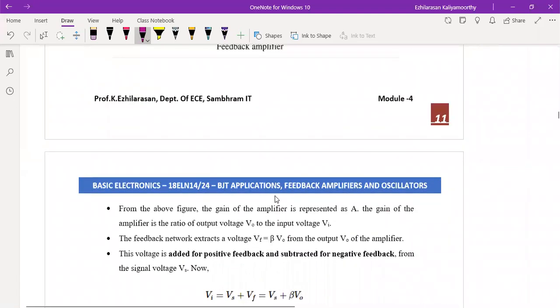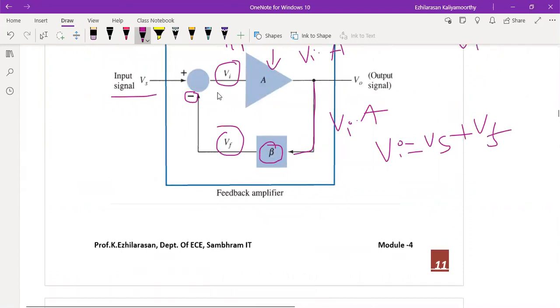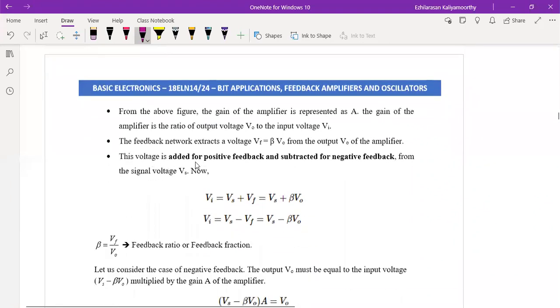Sorry, not minus, it is a plus, because the minus sign is what makes it negative feedback. It is not a subtraction in general. So Vi is the output of the summer, the summation of the input signal and the feedback signal. The voltage is added for positive feedback and subtracted for negative feedback.